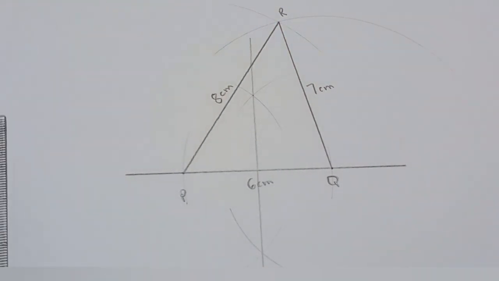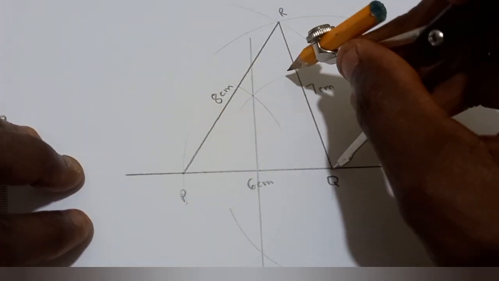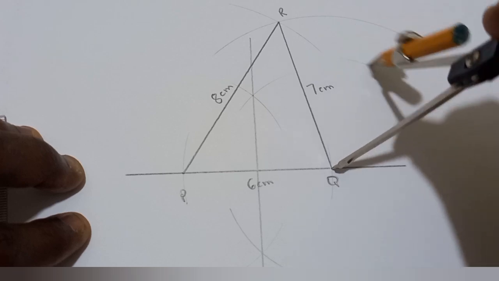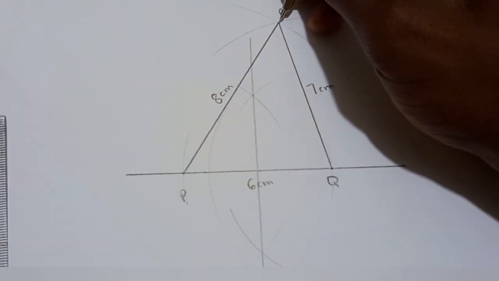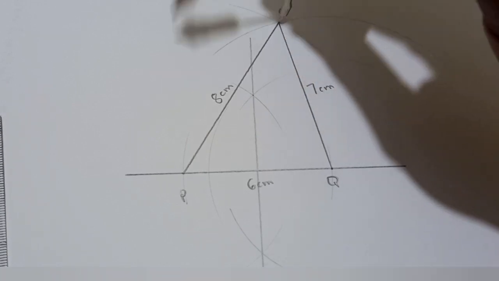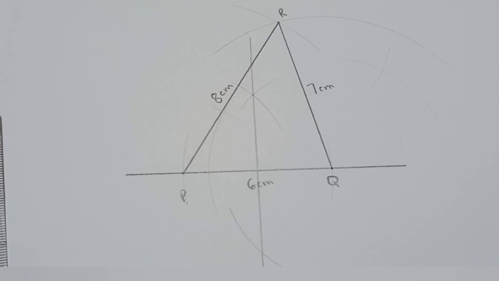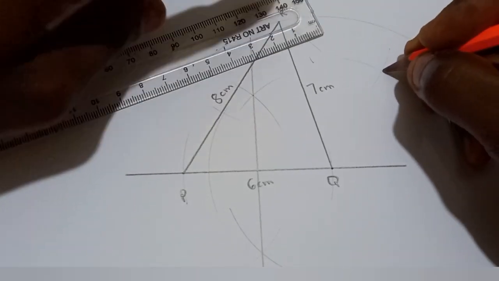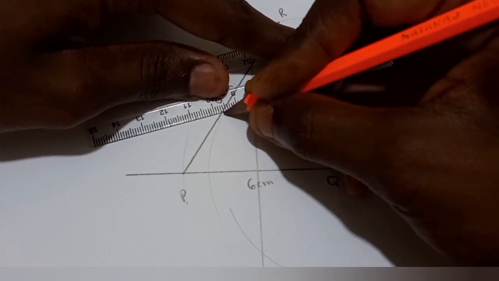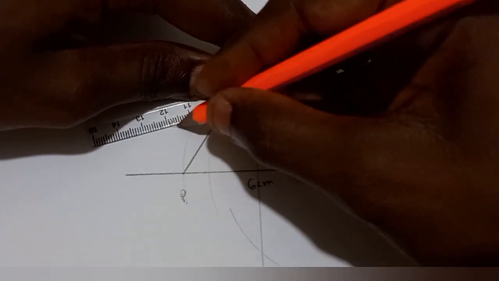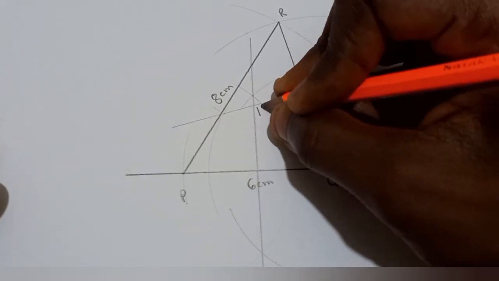Bisect, come to the Q and the R, pin here, more than half, arc, remember where you arced, pin at the R, arc. Then place the rule on the other side, make sure it's on the dot, draw your line. So then the point here is the K.